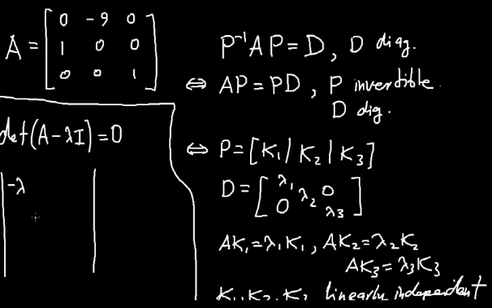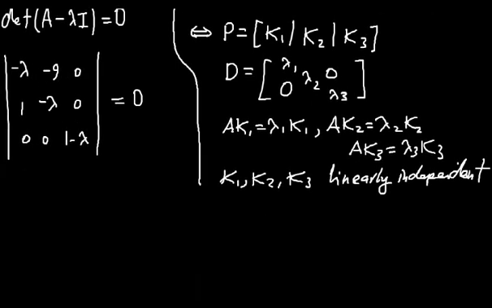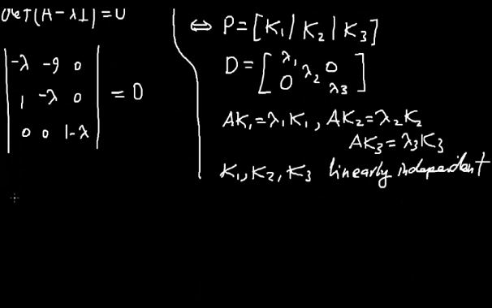So we'll have minus lambda, 1 minus lambda, then minus 9, 0, 0, 1, 0, 0. That determinant needs to be 0. Let's simplify this and see what it gives, and so we get a characteristic equation.